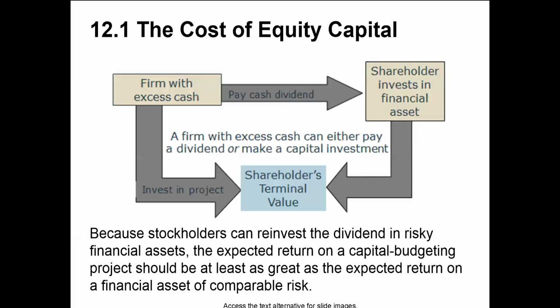All right, let me explain the cost of equity capital first, and please look at this diagram. I think it is very familiar to you. This diagram shows that if a firm has excess cash, there are two different options.